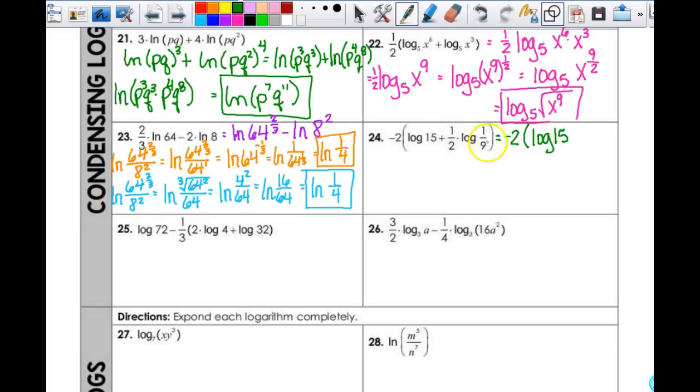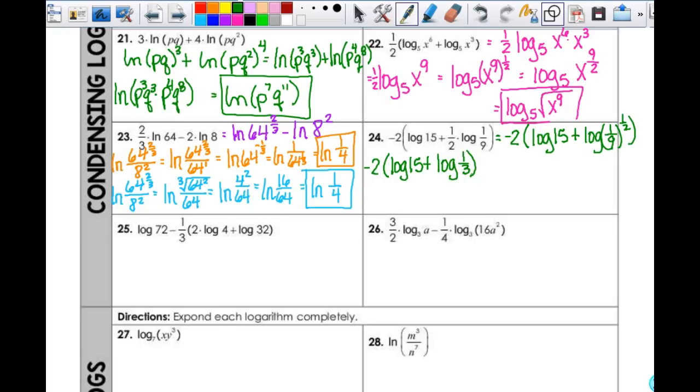But this 1/2 can become the exponent over here. So this is going to be plus log of 1/9 to the 1/2 power, right? So I still have that negative 2 times the log of 15 plus, well, 1/9 to the 1/2 power is the square root of 1/9. The square root of 1/9 is 1/3, so this is plus log of 1/3.